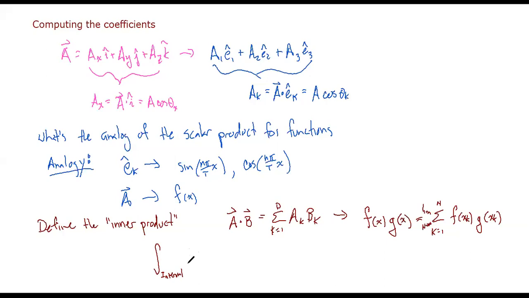For this, it'll be 0 to the period is probably the best way of doing it. And then f of x, g of x, dx. And you might even see notation that looks like this at some point in your life. But we won't use that in this class. We'll leave it for quantum mechanics. So essentially, the overlap in between two functions is given by multiply them together and take their integral.